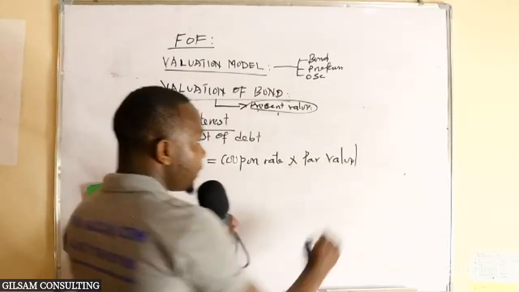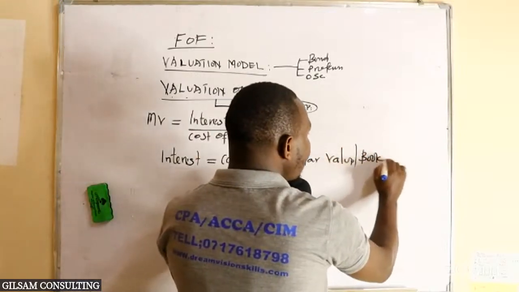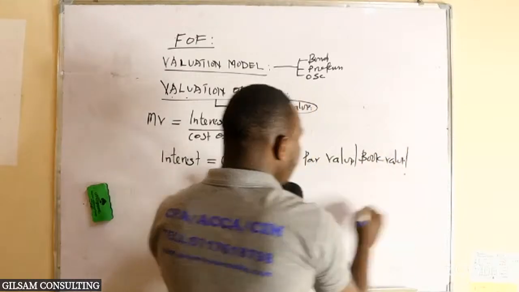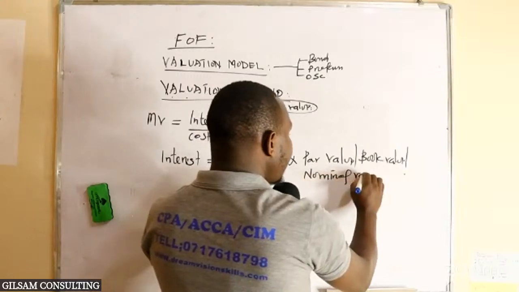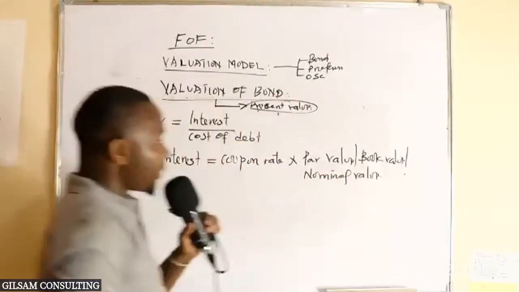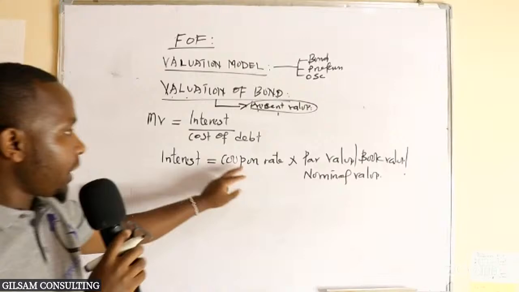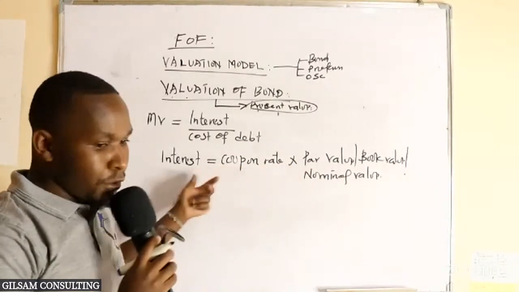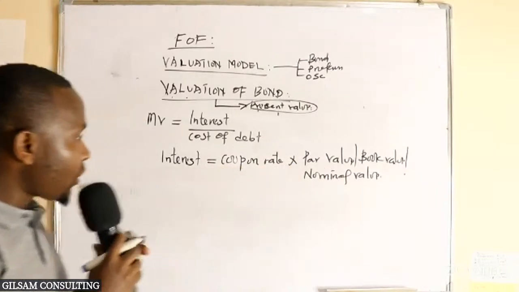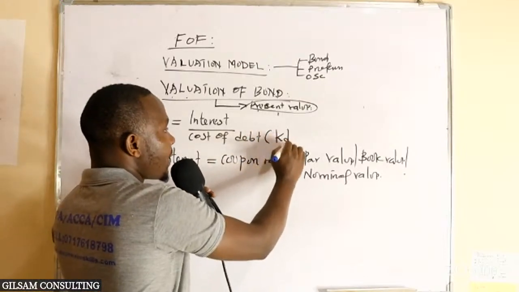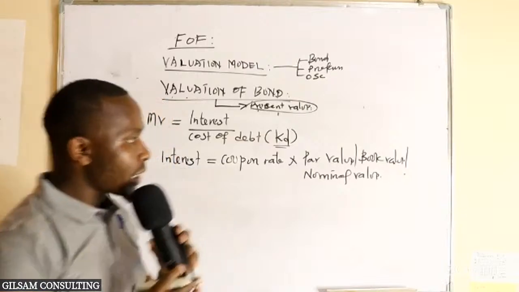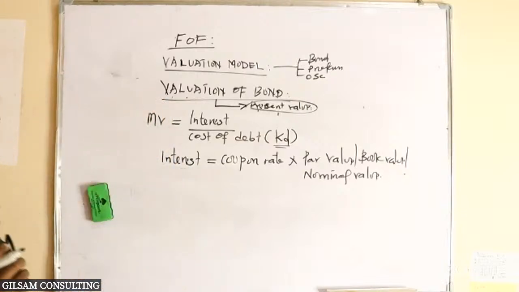Tumesema par value or book value or nominal value. Examiner atakuwa anatumia hizi majina. So they will take the coupon rate times the par value to get the interest. The cost of debt, short form yake ni KD, examiner atakuwa anakupea. You only need to calculate the interest and get the value.